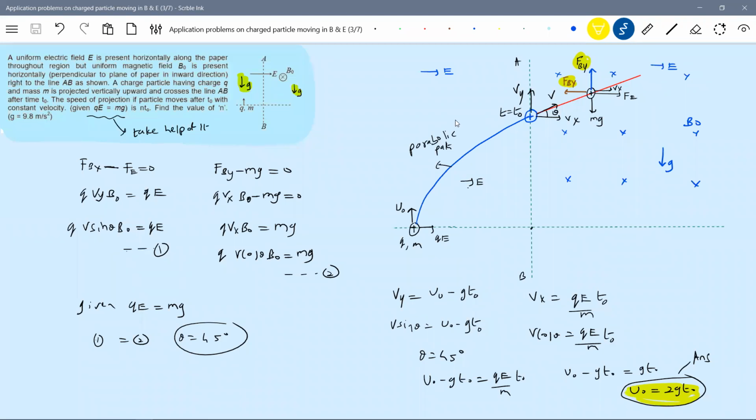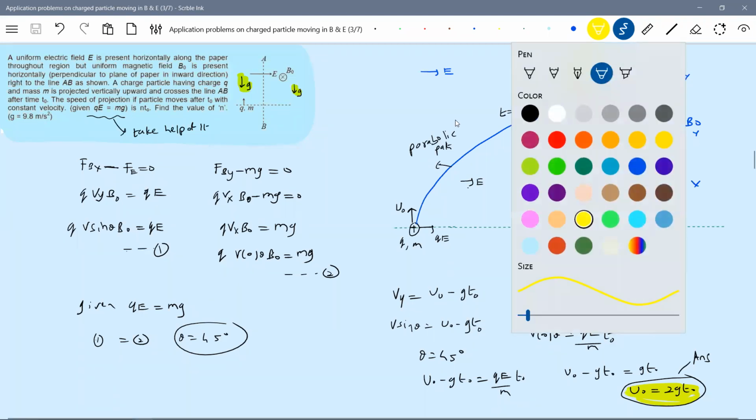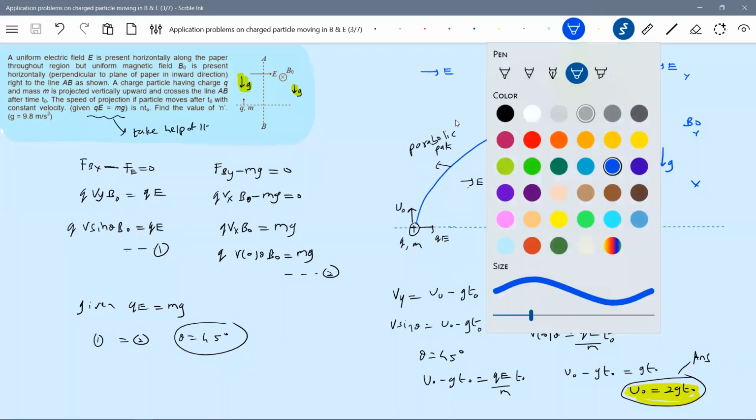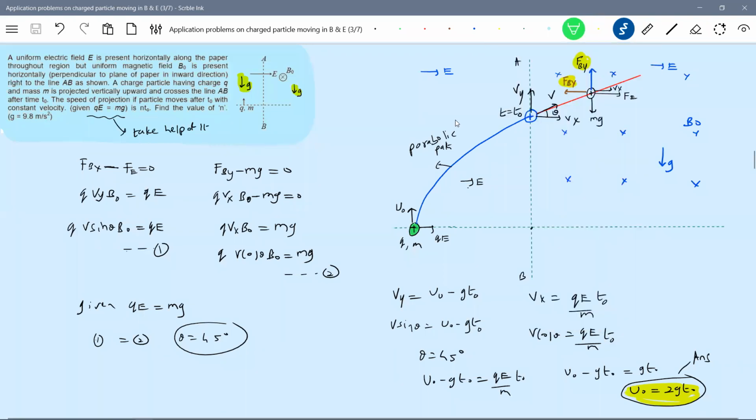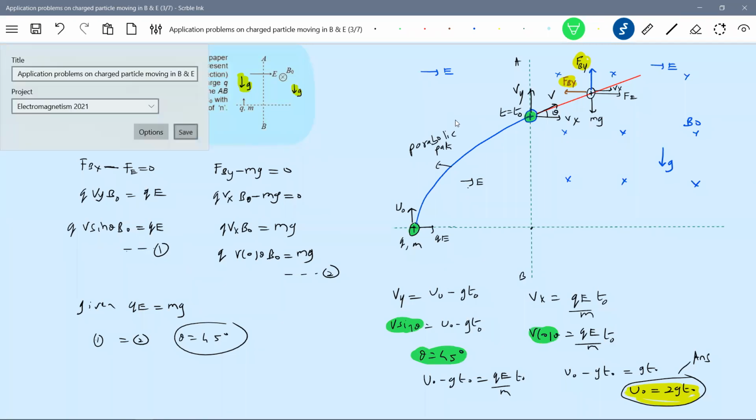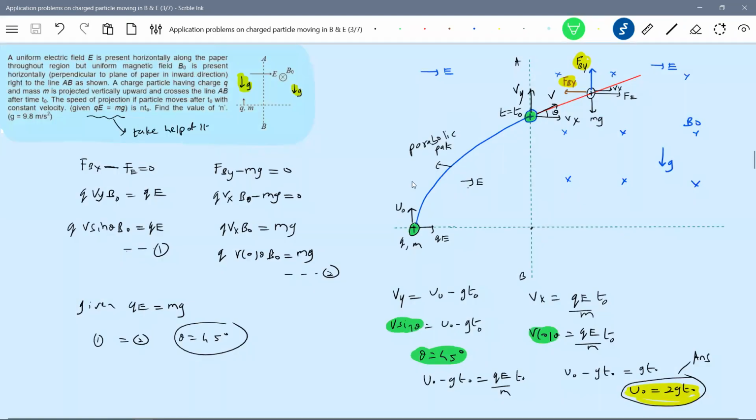So I suggest students better learn the methodology to solve such problems. Because of that, we are equating these things. Let me take the next question. I'm just presenting a few. You have to really put effort into analyzing all such numericals.